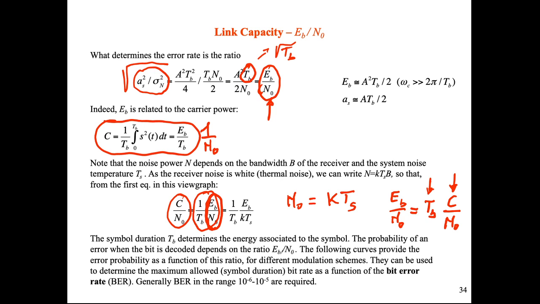But if the carrier power is low, then we need to increase t bit in order to maintain a constant value, because remember, Eb over N0 determines the amount of errors that we make in a second.